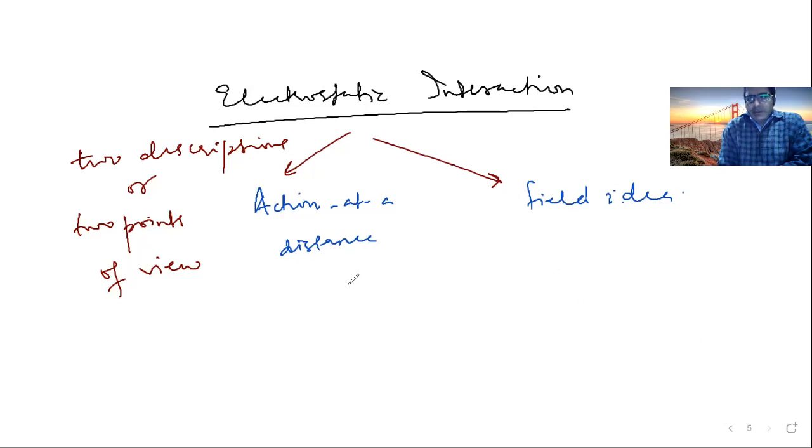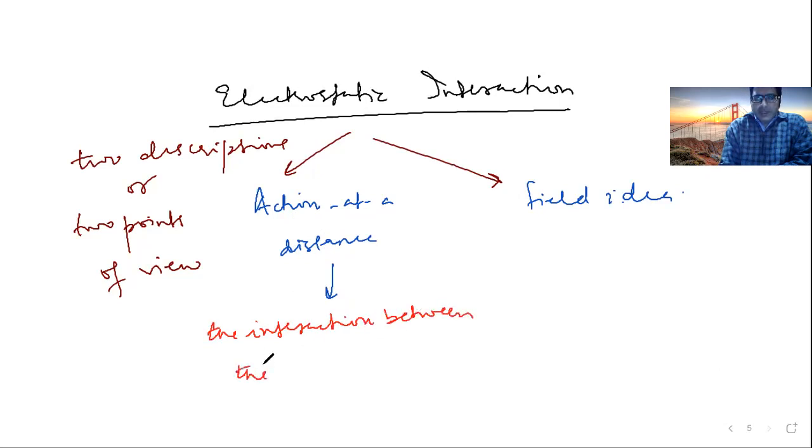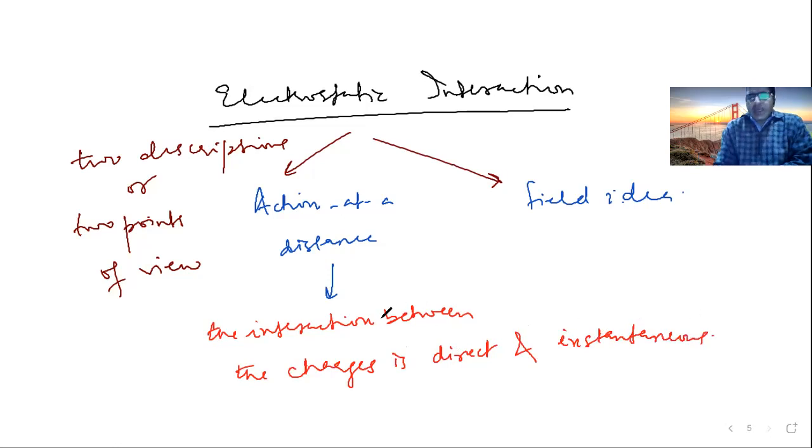When we describe electrostatic interaction using this action at a distance idea, we say, listen carefully, we say here the interaction between the charges is direct and instantaneous. Direct and instantaneous. What is the meaning of that?